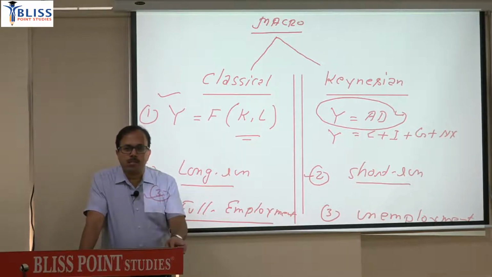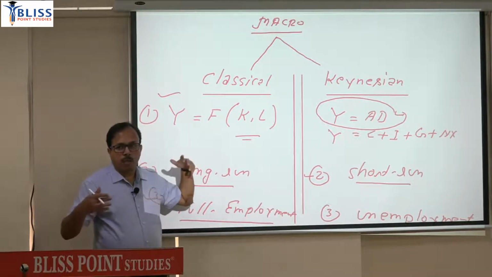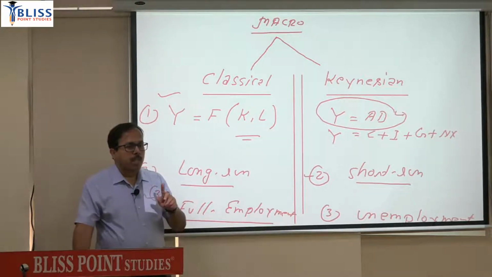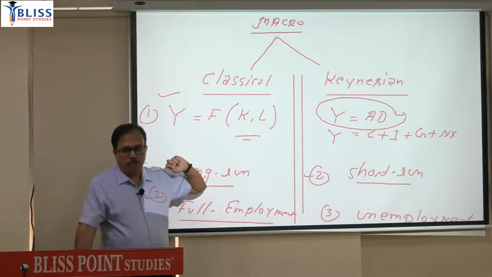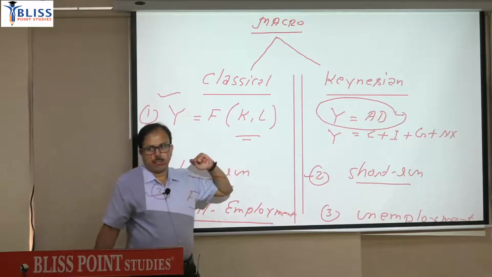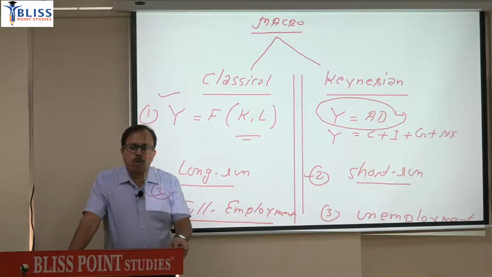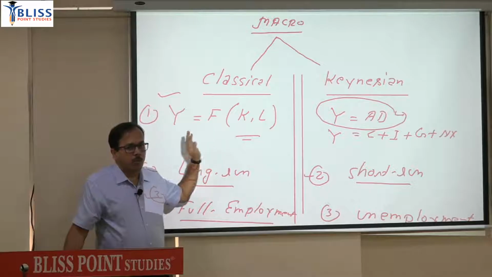According to classical, development, if you relate it initially with growth, means you are able to produce more output, that is more GDP. The classical answer is that to produce more GDP, the economy must have more capital, labor, and technology. The same question was answered by Keynes, and his answer is that the economy will produce more output when there is more demand in the economy. By stimulating demand, it can produce more output. But here, demand has no role to play in determining the output.